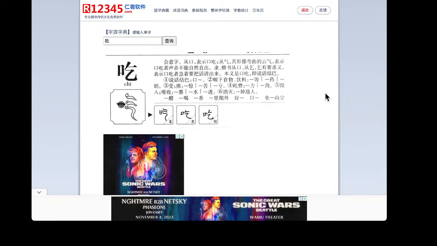It means the person cannot speak fluently and straight, but intermittently and unpredictably. So it means the person is stuttering. Okay, so this is 吃.